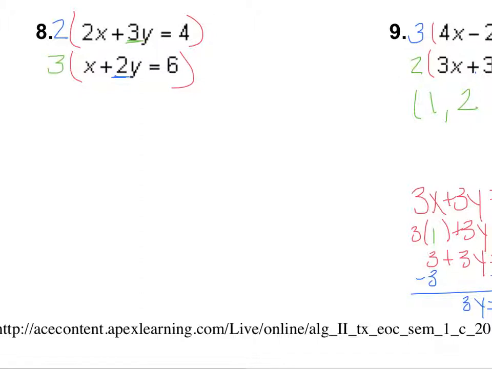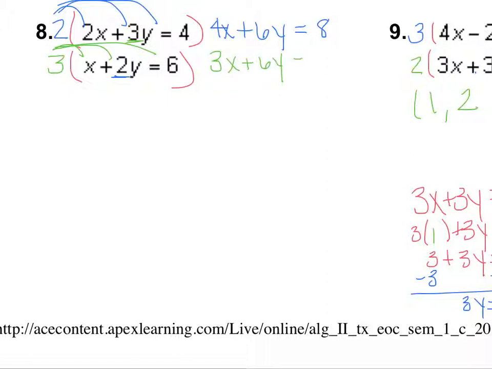So if I distribute the top 2 in, 2 times 2 is 4x, 2 times 3 is 6y, and 2 times 4 equals 8. And then if I distribute the 3 in on the bottom one, I end up with 3x plus 6y equals 18.